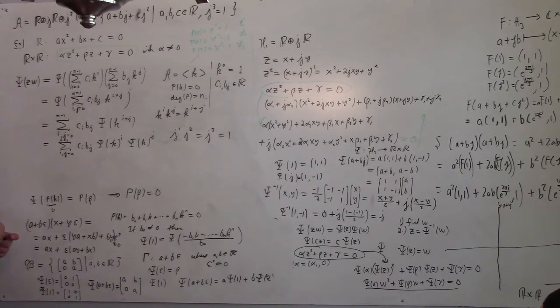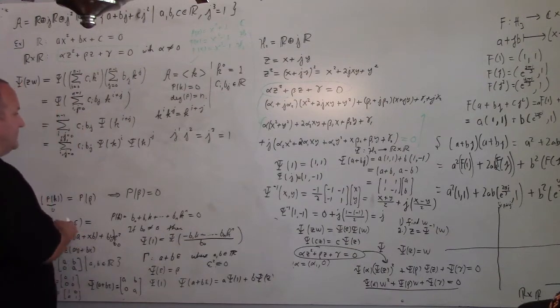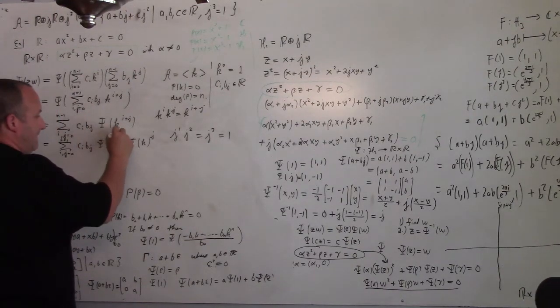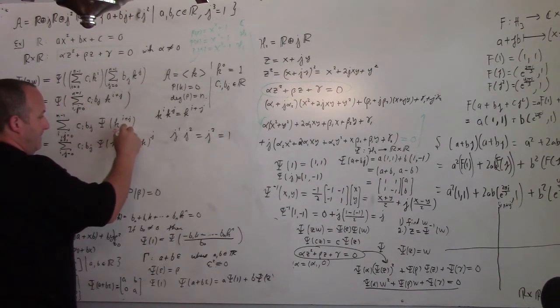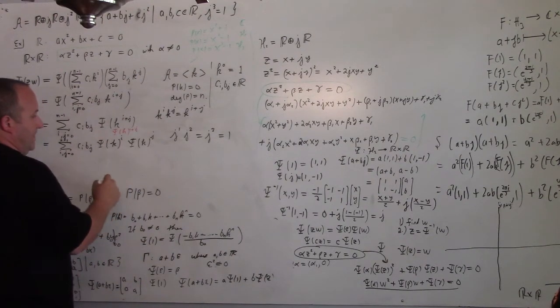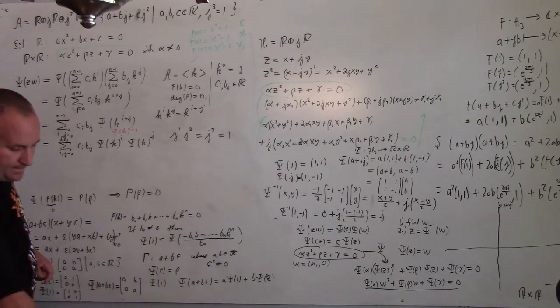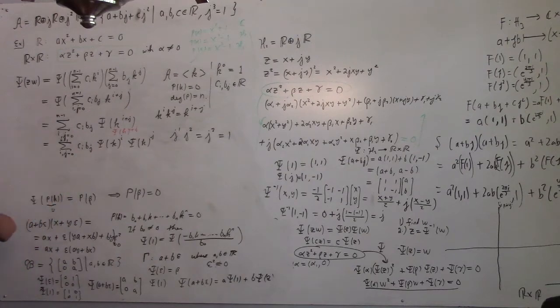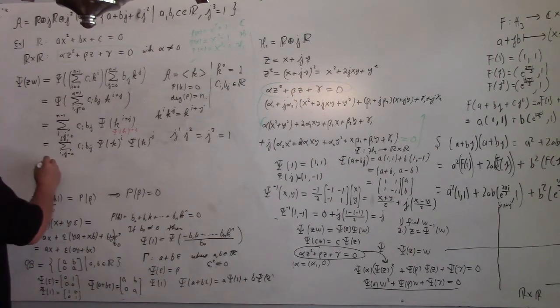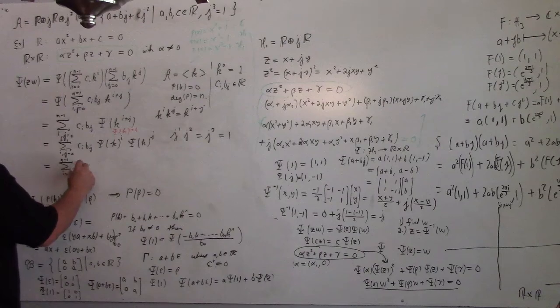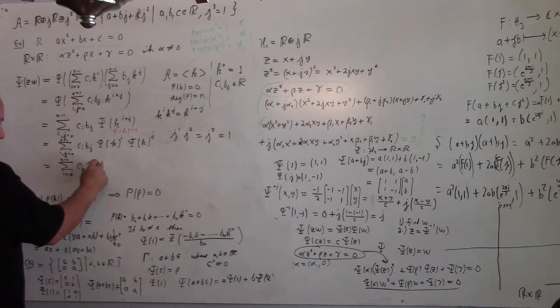There's an in-between step I didn't bother to write, I'll write it here. Then I split it, and I will undo the distribution and put the sums back to write them separately. So c_i psi of k to the i.